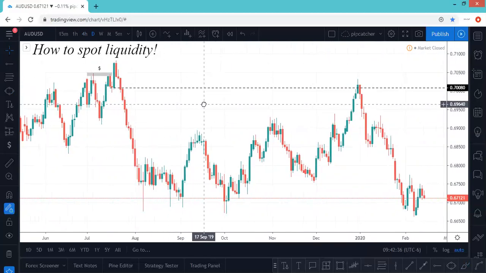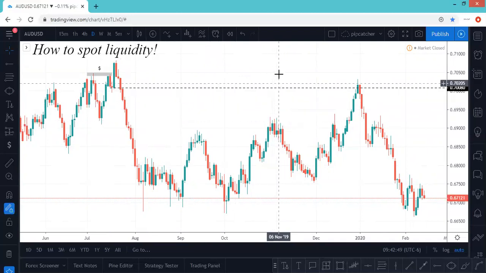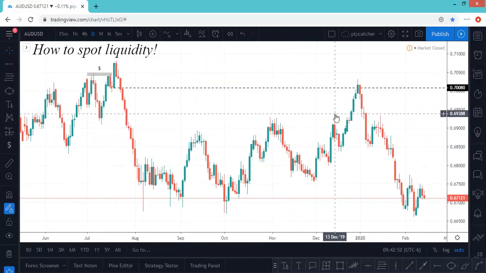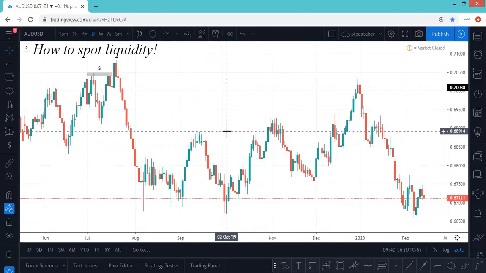It's more about letting the market tell you which story it wants to play, because you guys got to understand that the market is fractal.